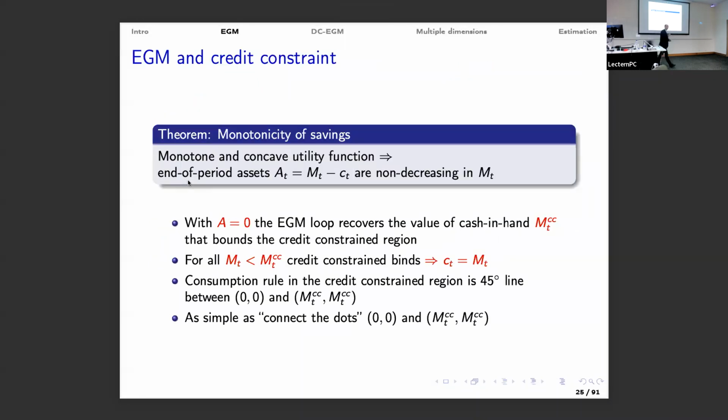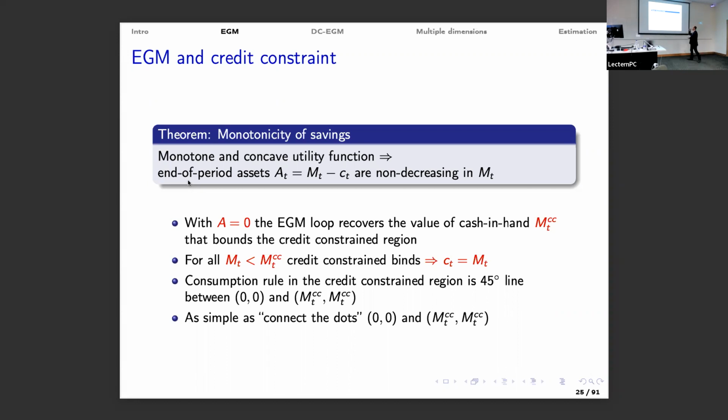All right, let's talk about credit constraint now. So it turns out that with monotone and concave utility function, you can show that the end of period assets, this consumption function A, is non-decreasing in M, in presence of credit constraint. Of course, you can't use the Euler equation to describe the solutions which are corner solutions where this binds.